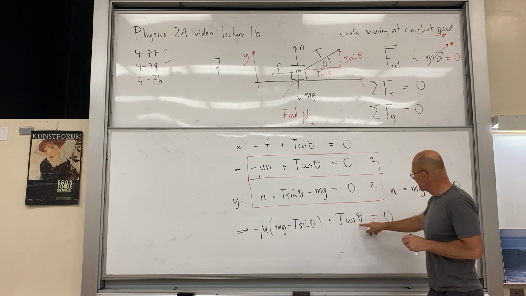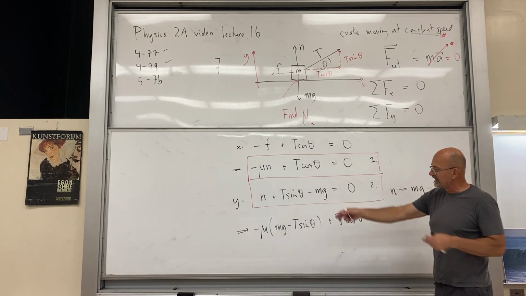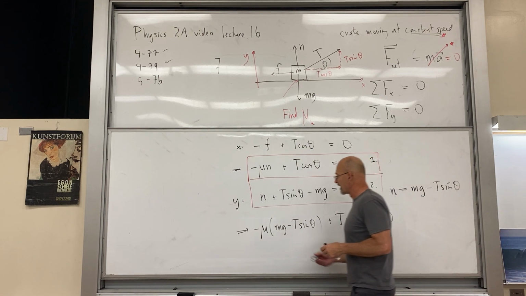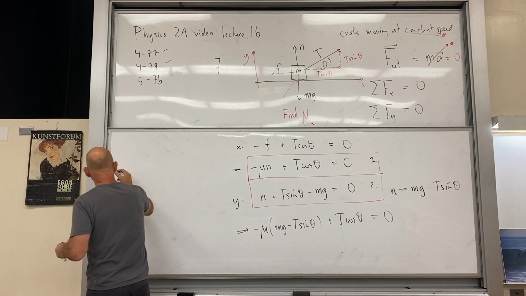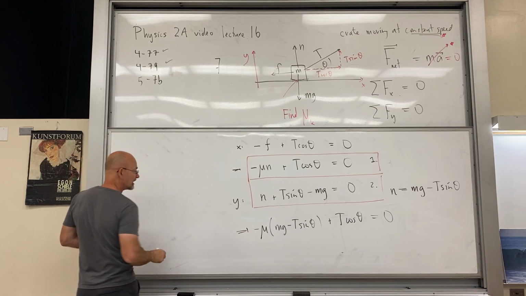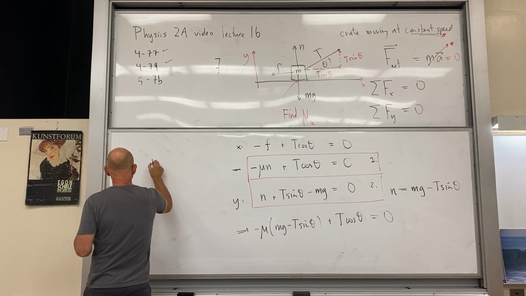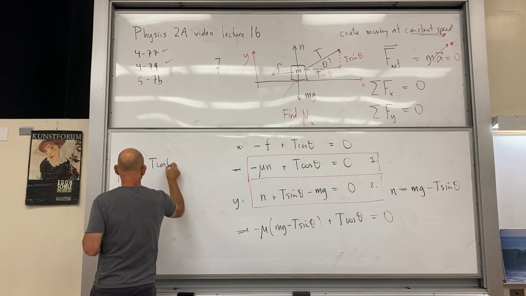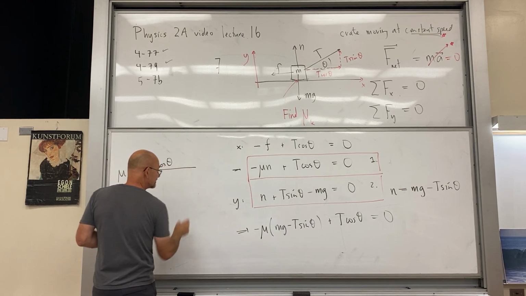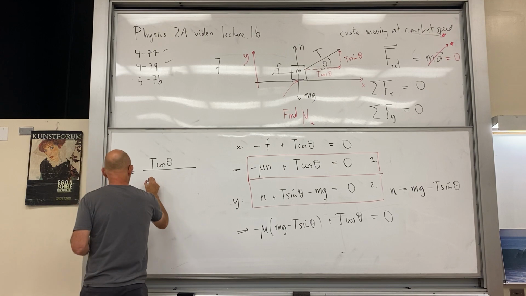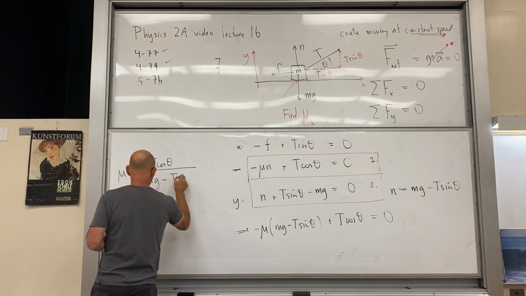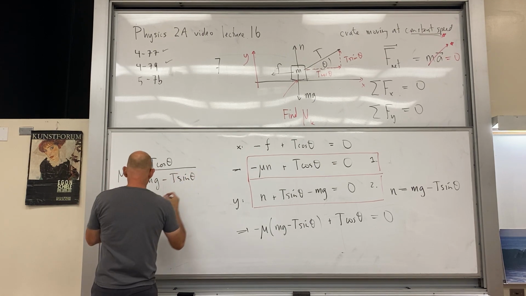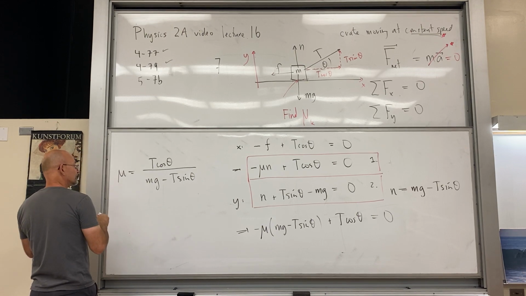If I bring this to the other side, the two minus signs cancel, and I can just write down our answer. We have mu equals T cosine of theta divided by (mg minus T times the sine theta). There we go.